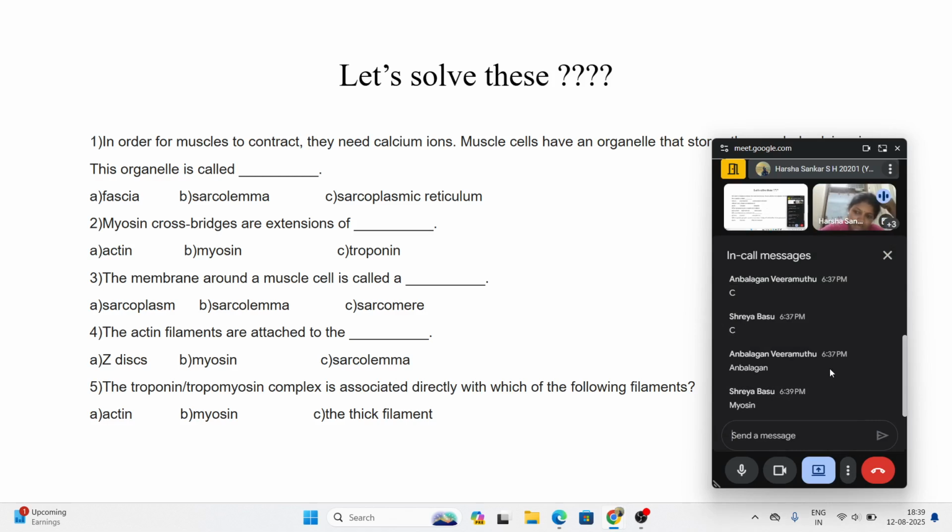Shreya is saying myosin. Any other answers? Is everyone supporting? Okay, Anbalagan is saying actin. So let's see the answer. Should I go back to the figure?